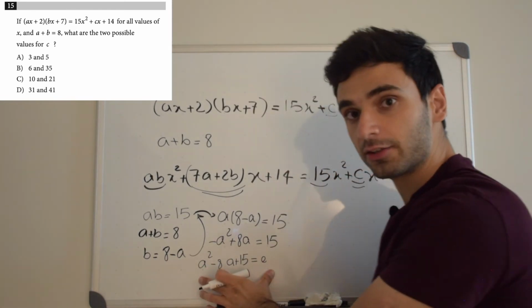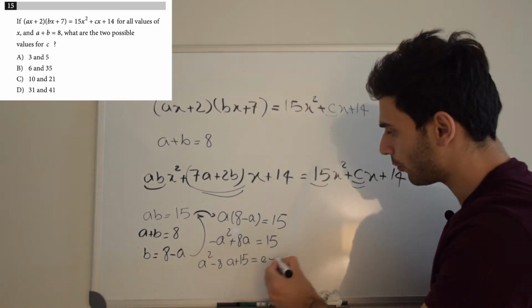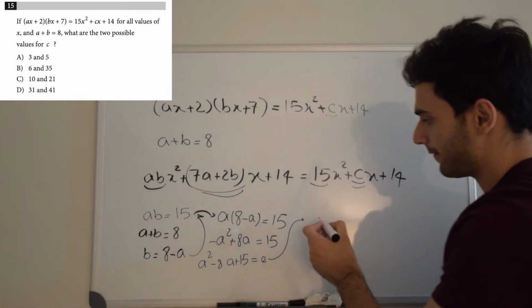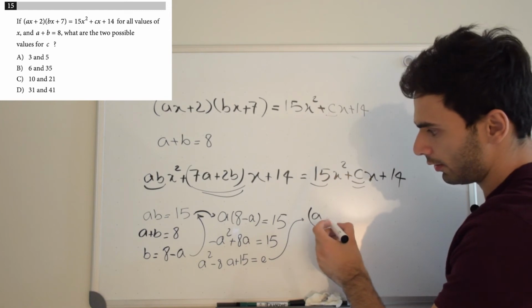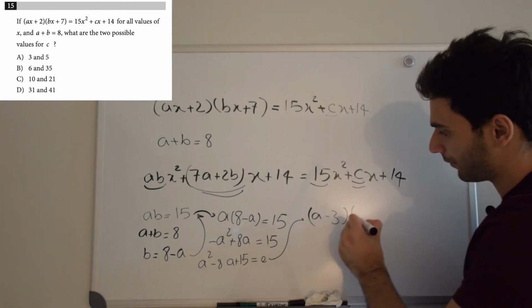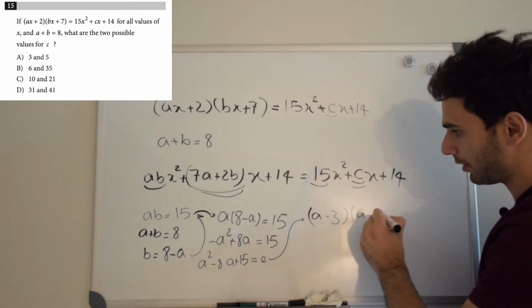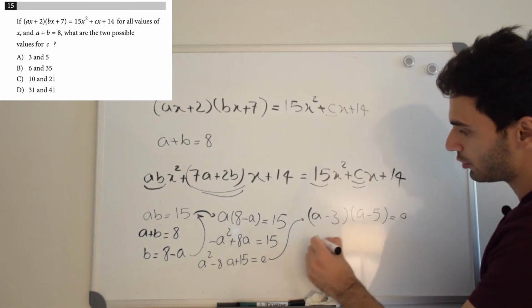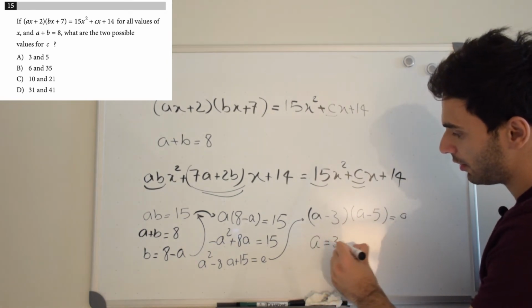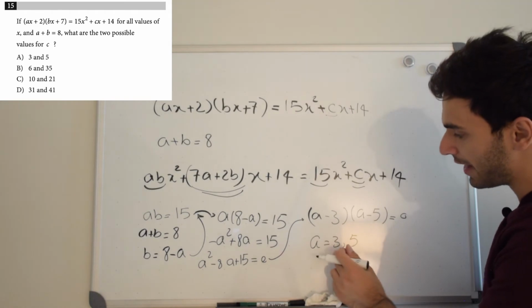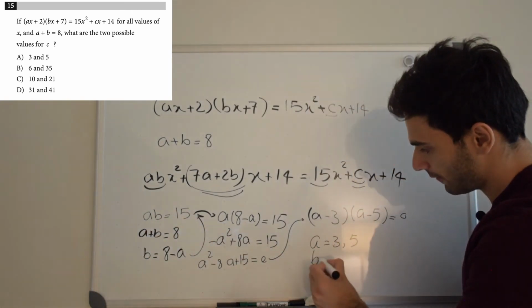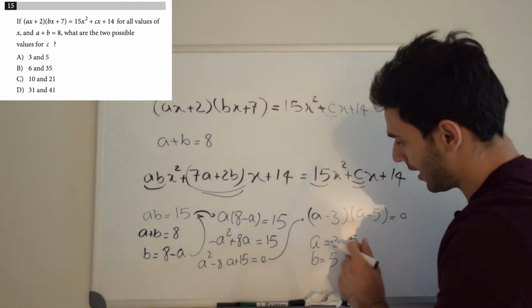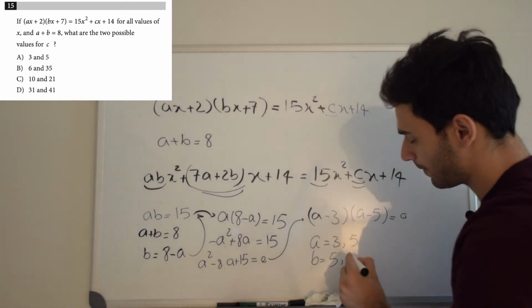So I can factor it: (a minus 3)(a minus 5) equals 0. So a can be 3 or 5. When a is 3, b is 5. When a is 5, b is 3.